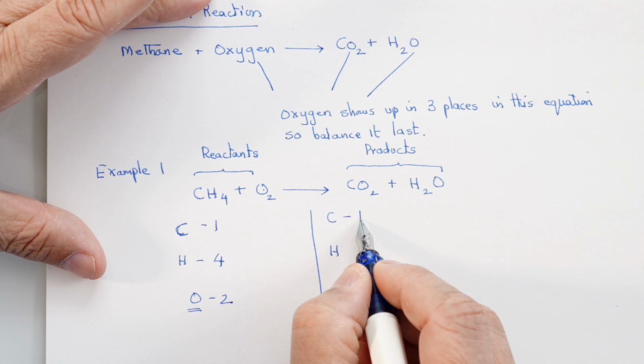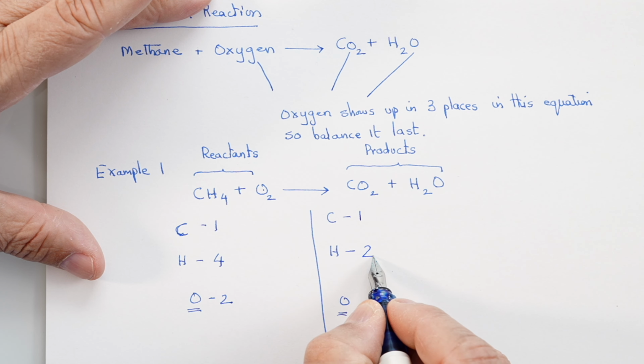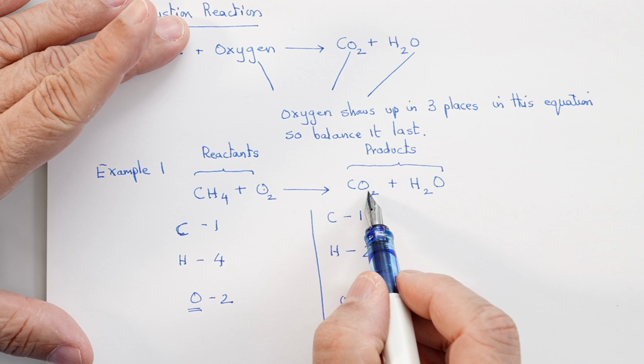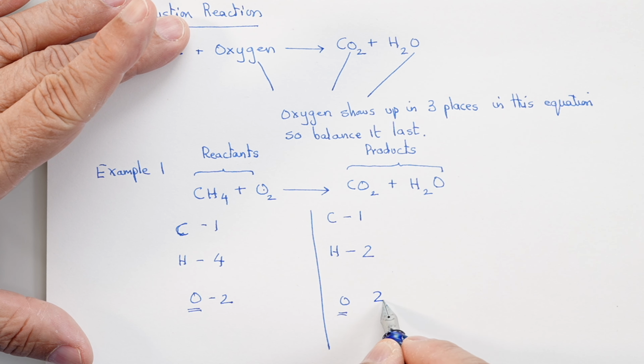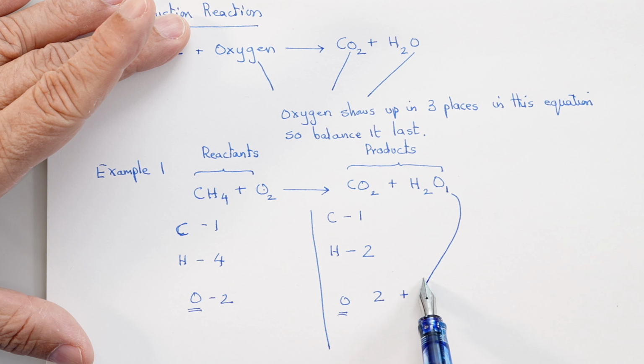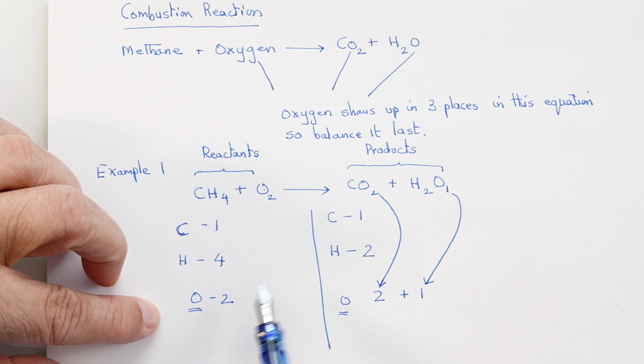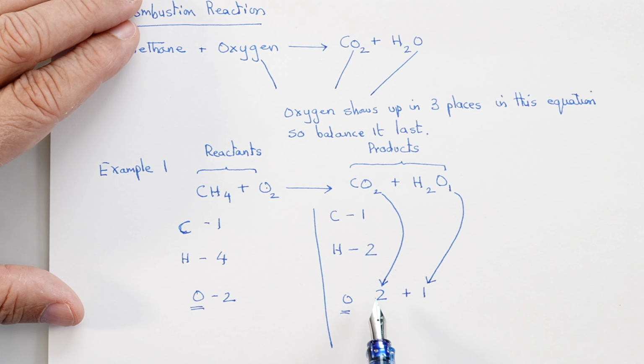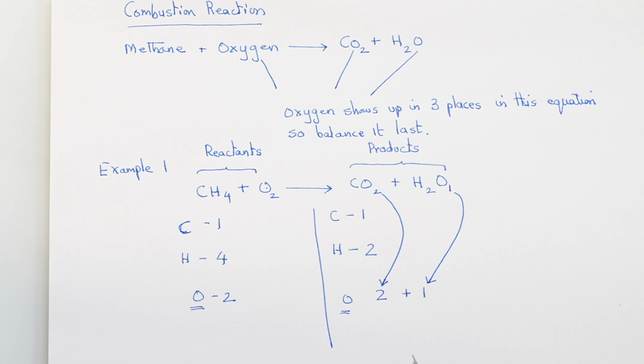Right here, carbon is 1, hydrogen is 2. I am writing the oxygen as 2 plus 1, and the reason I'm writing it like so is because there's 1 over here. That 1 is this. This 2 is written like so. Now, obviously, these are not balanced. You can see that. But it's important that you keep these separated because it'll make balancing it a breeze.